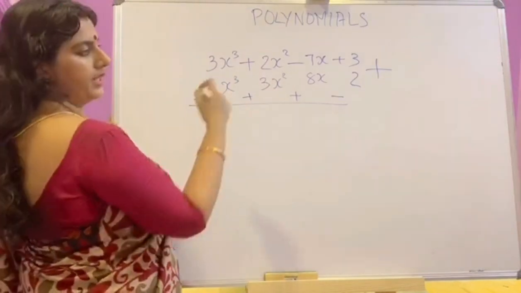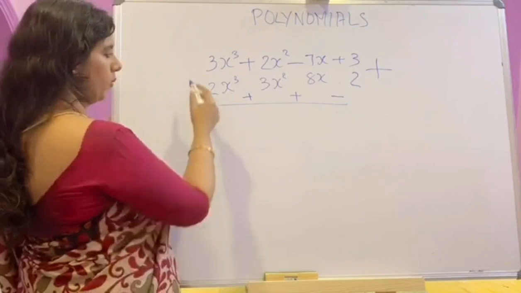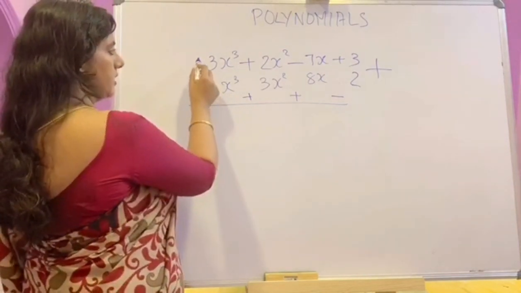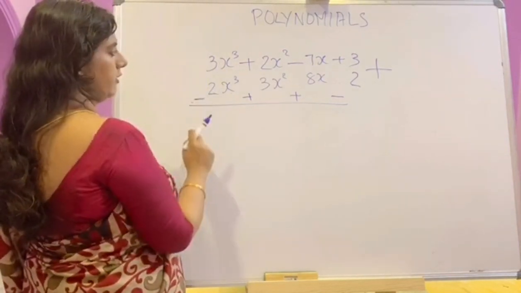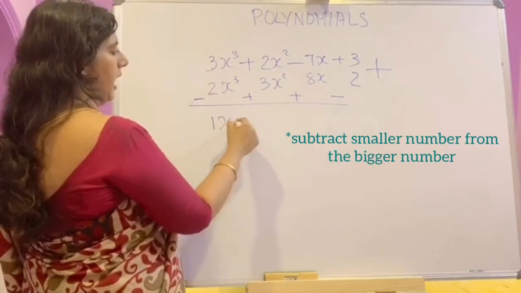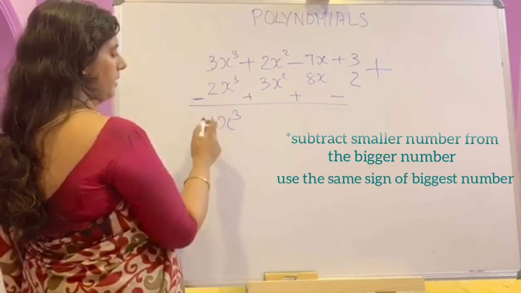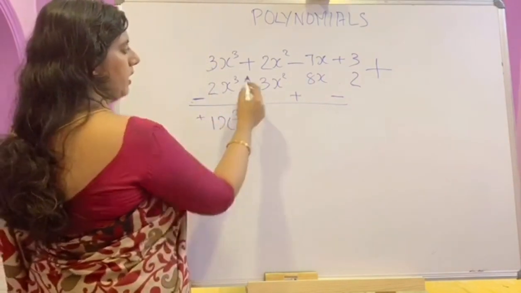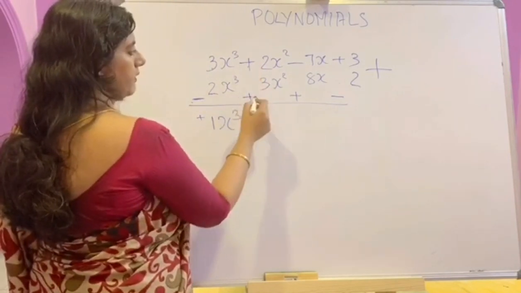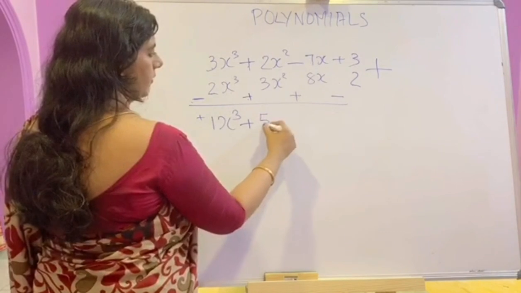Now you can do the addition. 3 plus minus 2. What is 3 plus minus 2? This is a positive number and this is a negative number. So you subtract the smaller number from the bigger number and put the sign of the biggest number, that is plus 1x cube. Now these both are positive numbers, so simply do the addition and keep the positive sign.